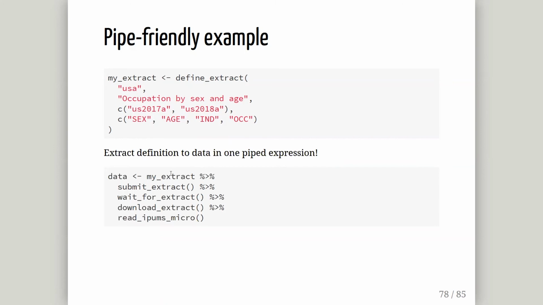So you can read this as take my extract, then submit extract, then wait for extract, then download extract, then use read IPUMS micro to read in the data. And you can also use the new base R pipe. This just shows the different pipe that's available as of R version 4.1, and that will work as well.